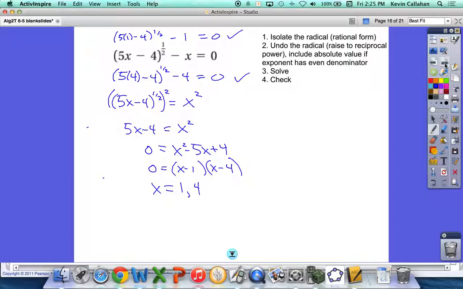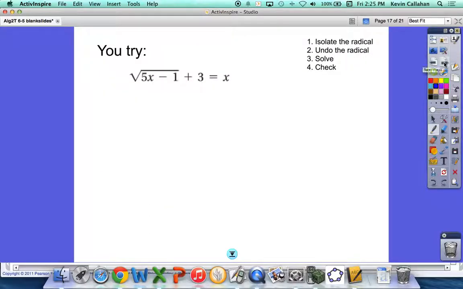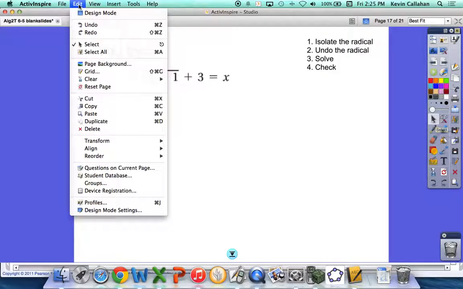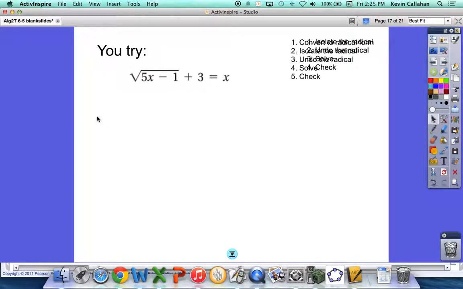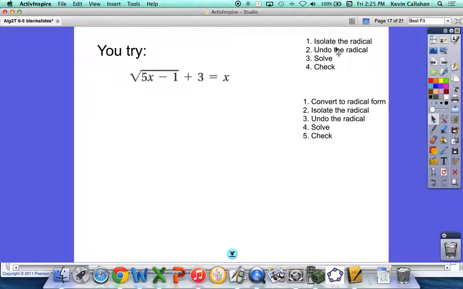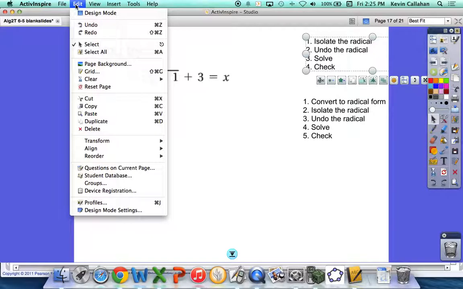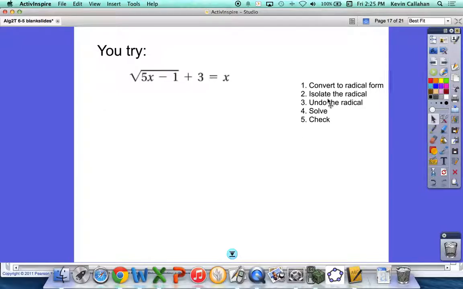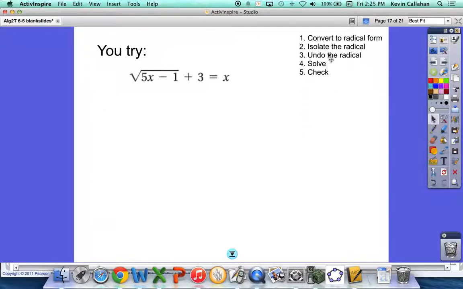Okay. So let's see. I forget what I got on the next one. So again, you try the next one. Try that one. Let me put those directions back up there that you like. Oh, that's exactly the opposite, isn't it? Forget it. Just do it.